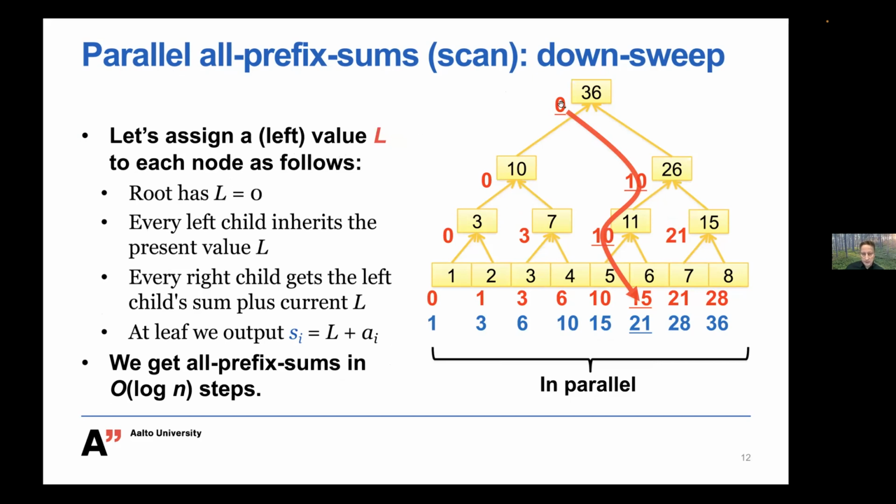The root has L equal to 0, or the neutral element, and every left child inherits the present value L. For every left child we get L, and then we copy it to the left. For example, from here we get the left child's ten. And then every right child gets the left child sum plus the current L. So this 3 plus 0 gets 3, and so on.